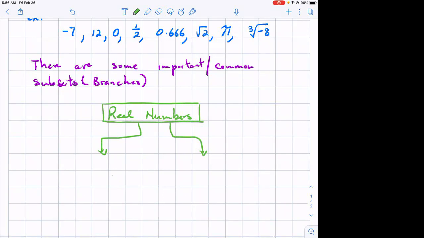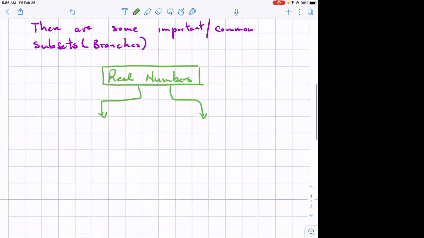Some important branches that you will find would be, for example, integers, whole numbers, right? So some of these subsets or branches, we have many of them.